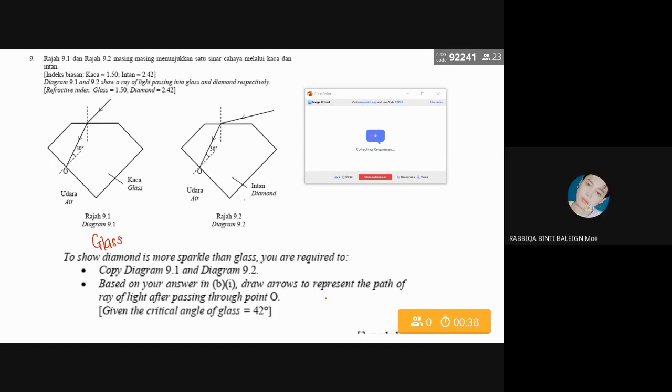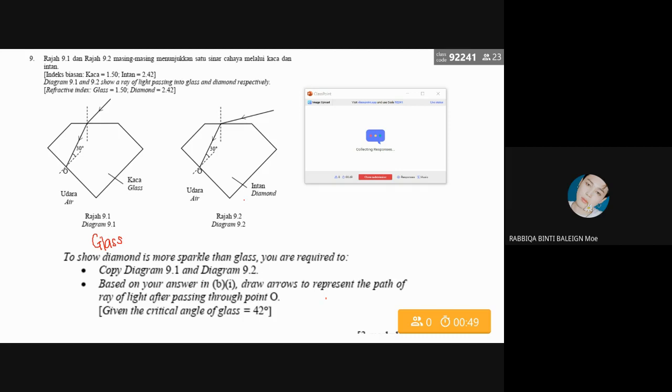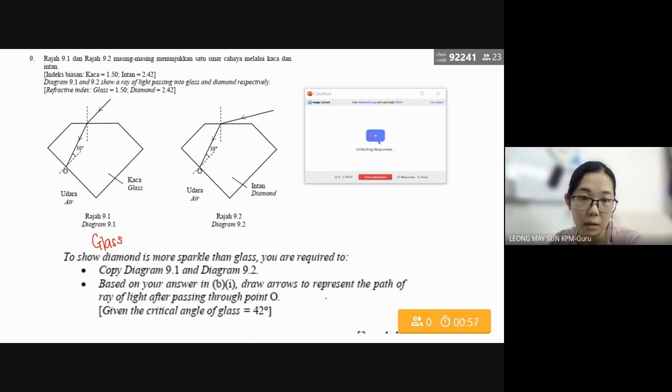So do we have to write every angle or just... How many marks is this? 4 or 2? Look at the question. Oh, 3 marks. If it's 3 marks, you don't have to write because the question only says what happens after passing through point O. That's all.